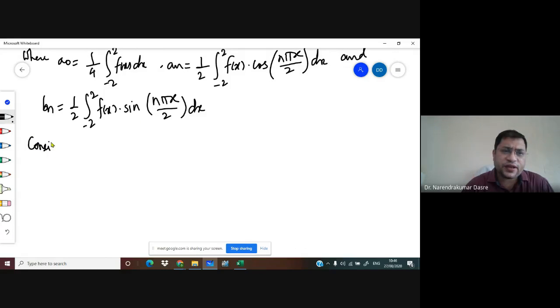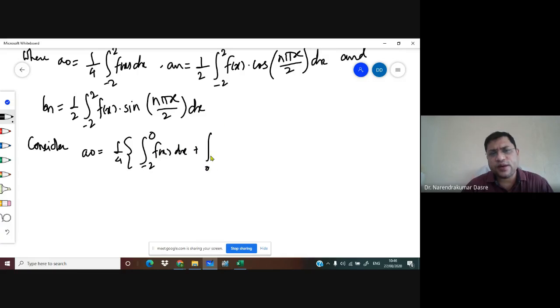So first we consider a0. This is 1 by 4 times the integral from minus 2 to 0 of f of x dx plus the integral from 0 to 2 of f of x dx. Now put the value of the function in the intervals minus 2 to 0 and 0 to 2.